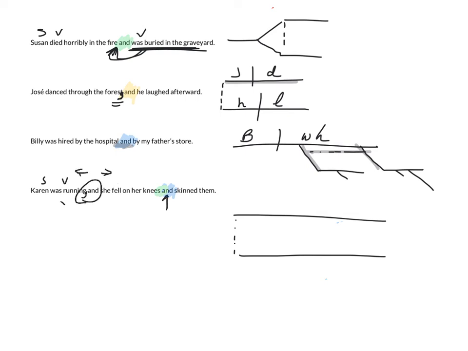Now, how about here? Is this a place where two complete sentences are being joined? Yeah, clearly not, because skinned them, it's just the verb. So let's take a look. What this really means is, let me mark it, in this second sentence, in this sentence down here, I have one subject, she, doing two things, fell and skinned.